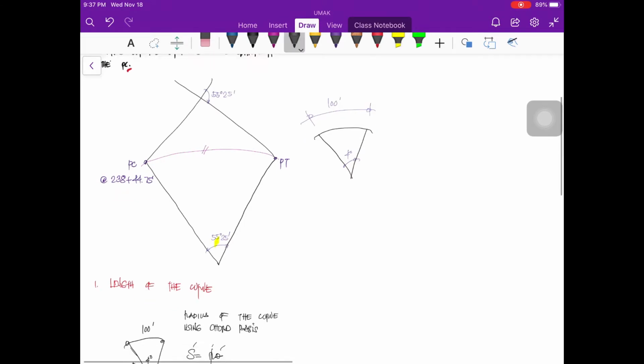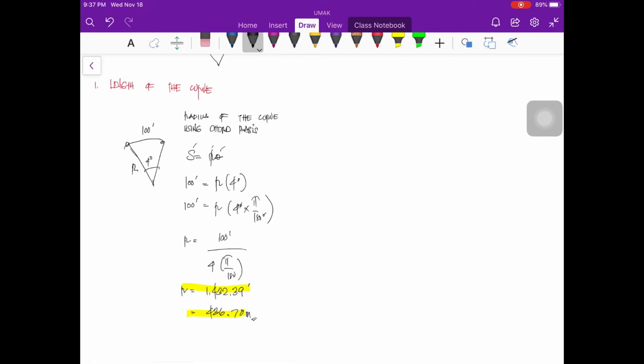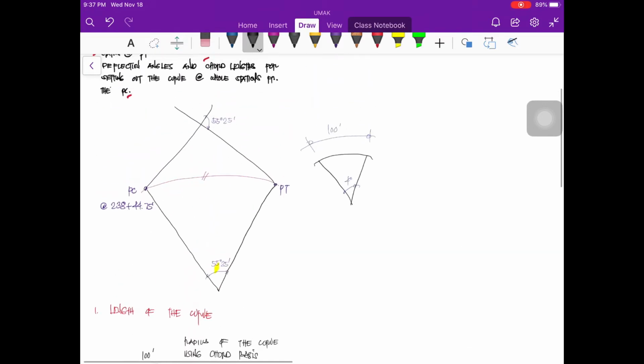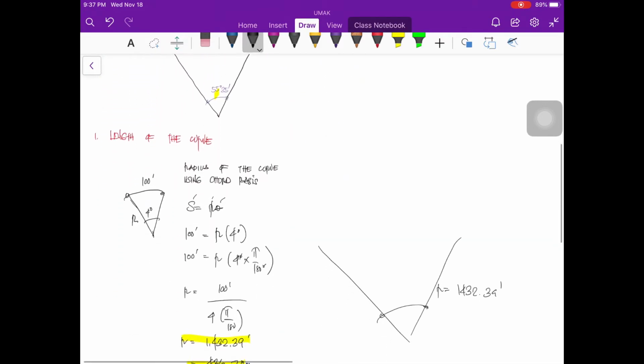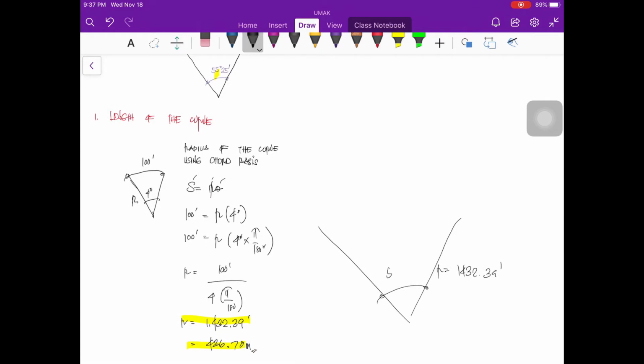If you draw it something like this, you already have the value of the R, which is 1432.39 feet, and you have the angle between these two radii, which is 55 degrees and 25 minutes. So the missing value is the length of the curve.